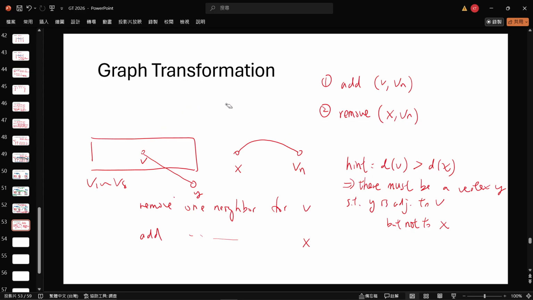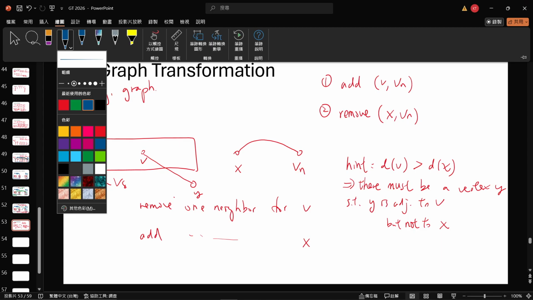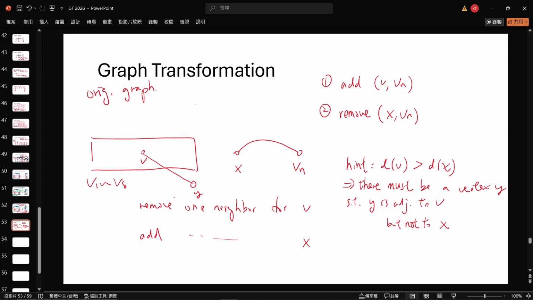Okay, so I'm going to erase this. This is the original graph. To achieve our goal, this is step 1: add an edge between V and Vn.